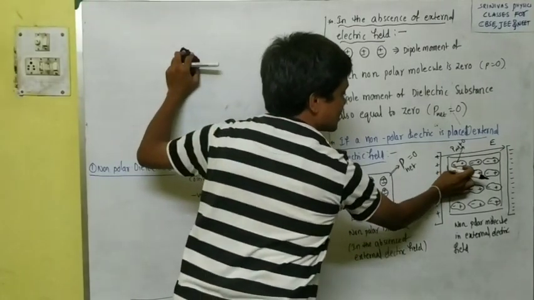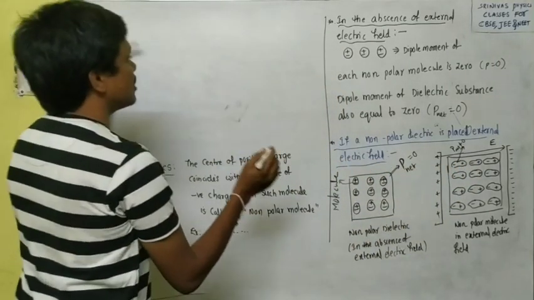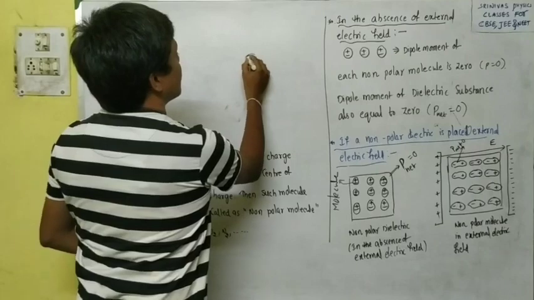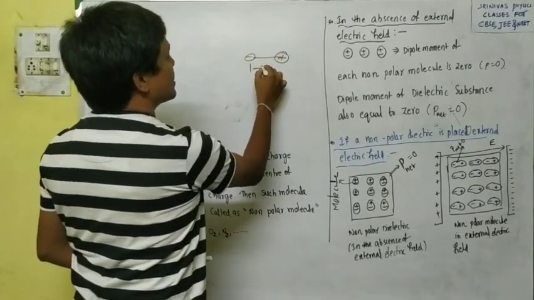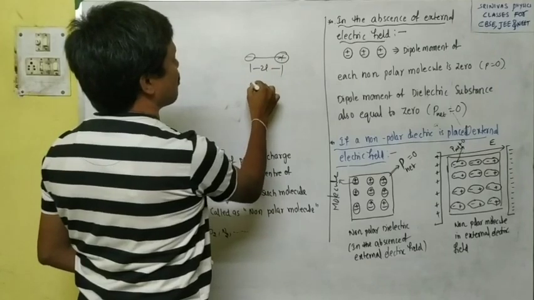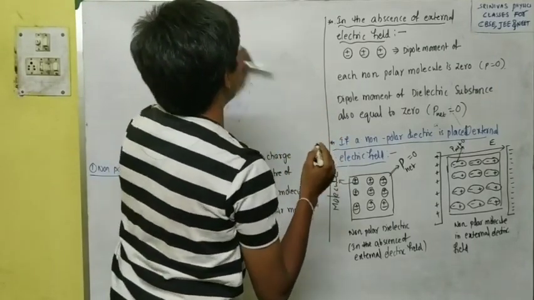There is some length here, distance between the negative charge and positive charge. That means here negative charge is there, here positive charge is there. There is some separation. That means dipole moment is also there, right? Here dipole moment is not zero, right?